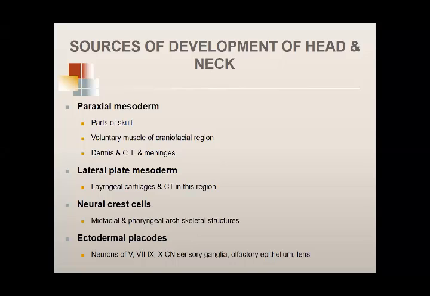So parts of the skull, some few voluntary muscles of the head, and dermis and connective tissue, plus the meninges in this region. We'll do the dura a little later.